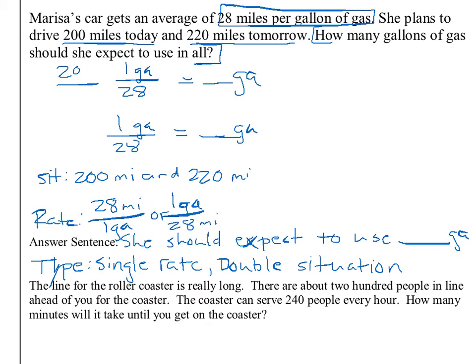And situation 1 is 200. Situation 2 is 220. I'm actually going to use a calculator just because I'm doing this problem 2 times, so I want to save us some time here. And this is going to give me 7.14 gallons.